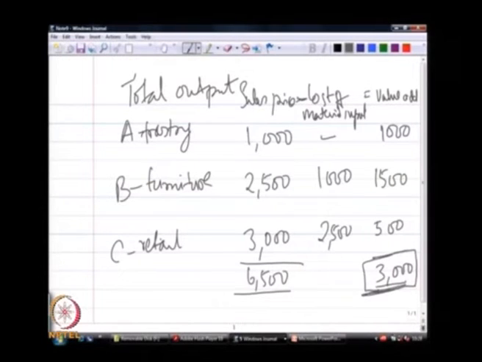So a good way of estimating the output of, let us say, a nation's economy is an aggregation of such output from different industries, from different sectors of the economy, services or agriculture, each of them calculated in this way. And if we just calculate the value add, let us say this represents a nation's economy, then this 3000 is the value of the national output.